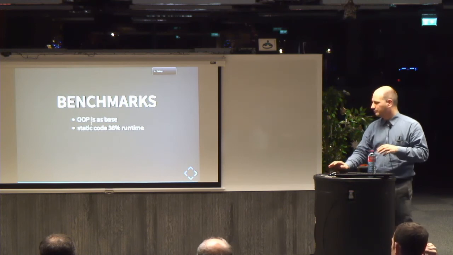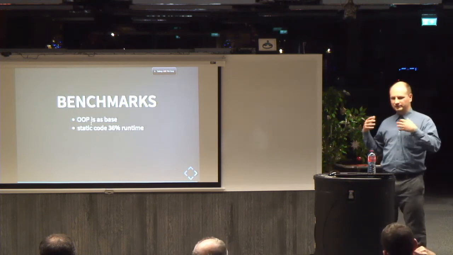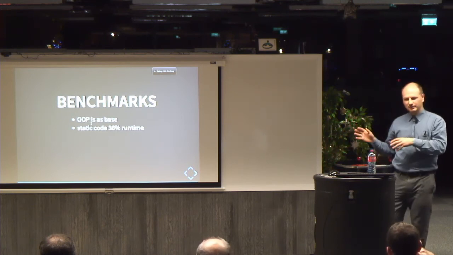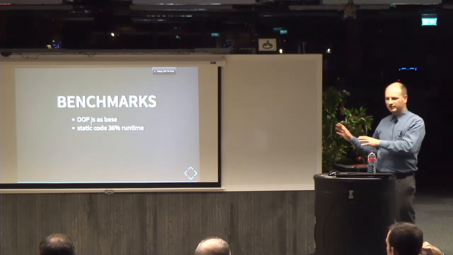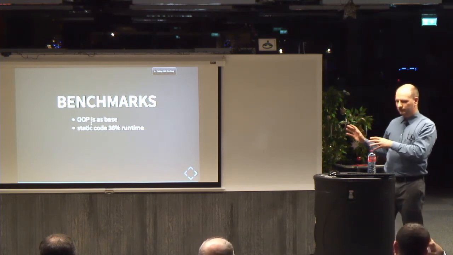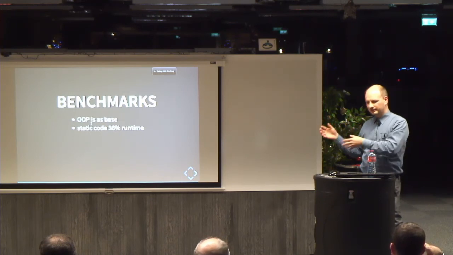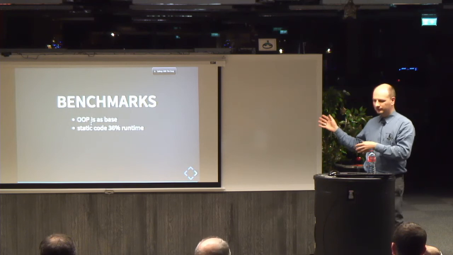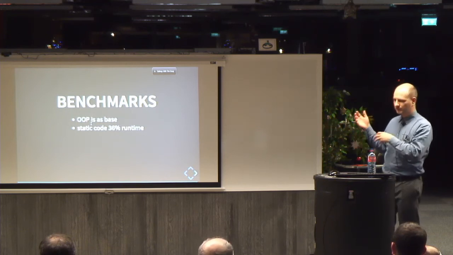So to compare the runtime characteristics, I've used the object-oriented programming example as a base. This is my 100%, and the static code, which was generated and compiled and then run, was 1/3 of the runtime of the object-oriented programming code.